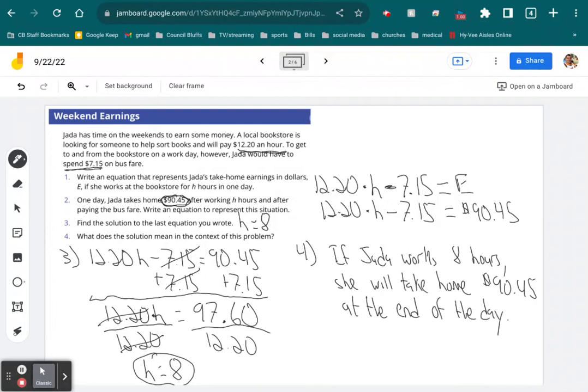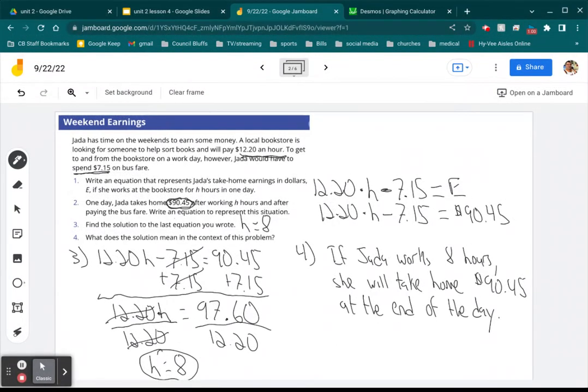Okay? So that is what your solution means in context. So not only are we figuring out solutions, but we're figuring out what the solution means. Okay? In this case, the solution was the number of hours that Jada worked.